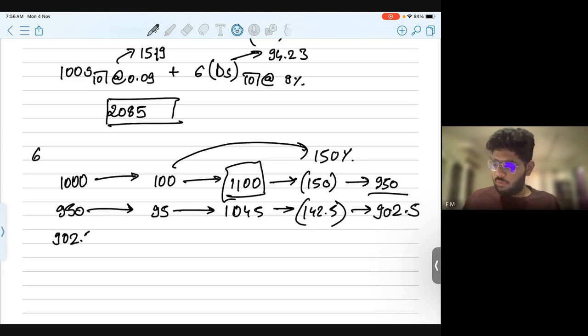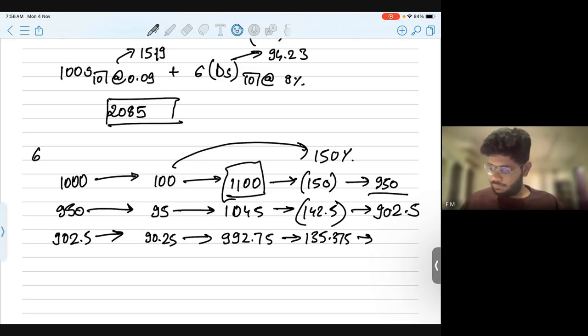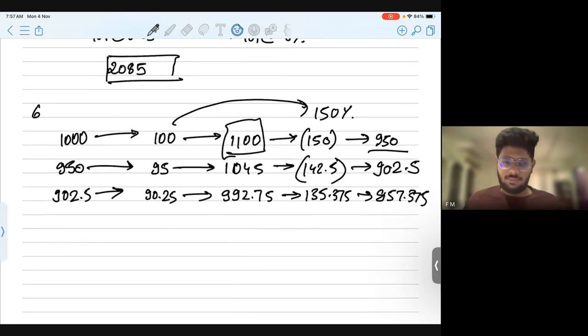Then you have 902.5 here. You have 90.25 here. So this is equal to 992.75, and you pay 135.375. You're left with 857.375.